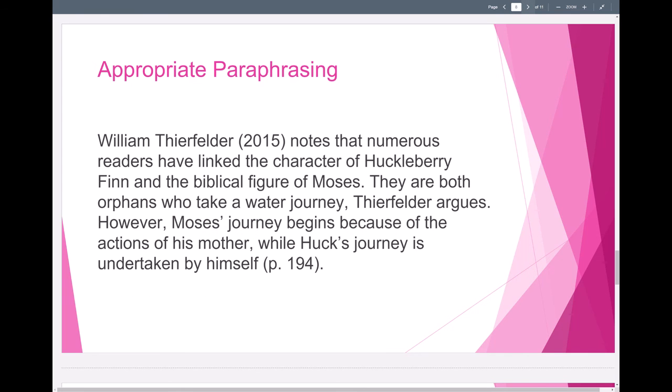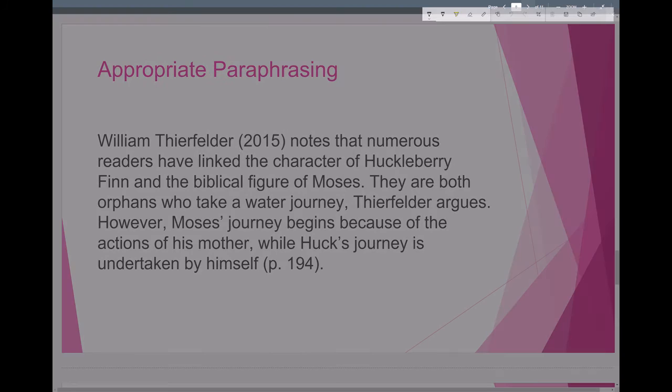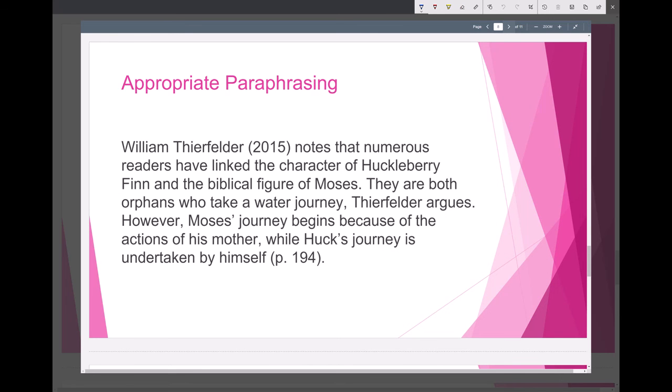Notice the paraphrase, Moses' journey begins because of the actions of his mother, while Huck's journey is undertaken by himself. So again, different words, so this is paraphrasing.